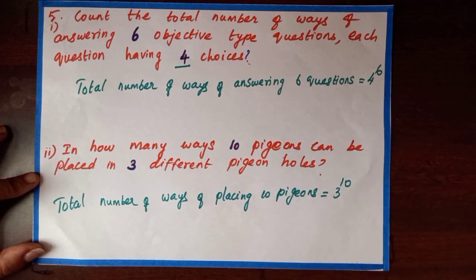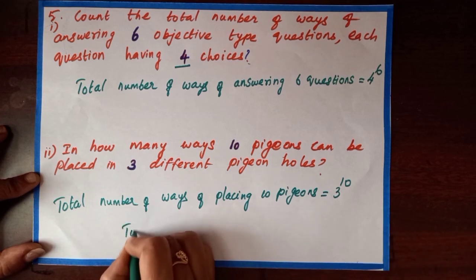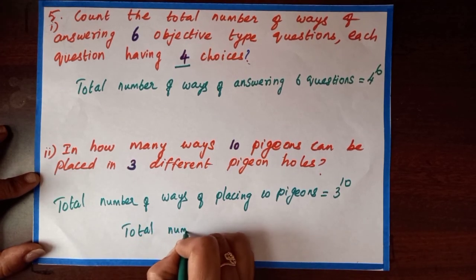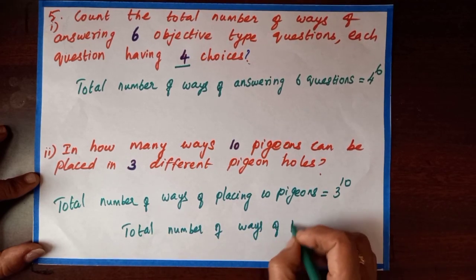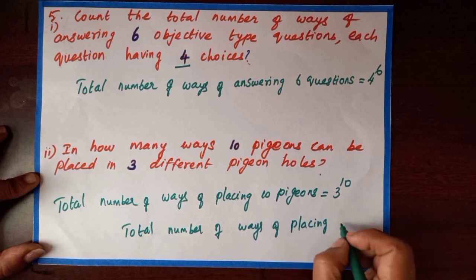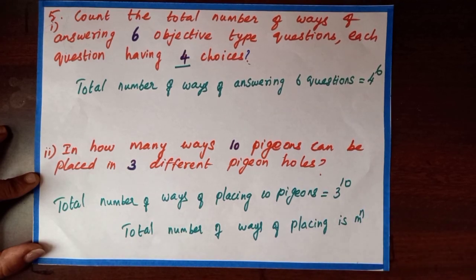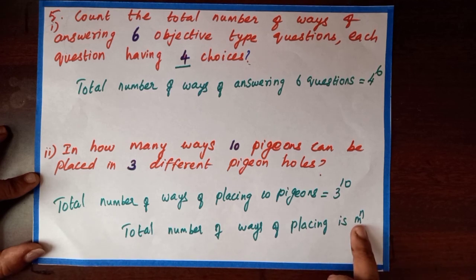More generally, if n different objects are to be placed in m places, then the total number of ways of placing is m power n.